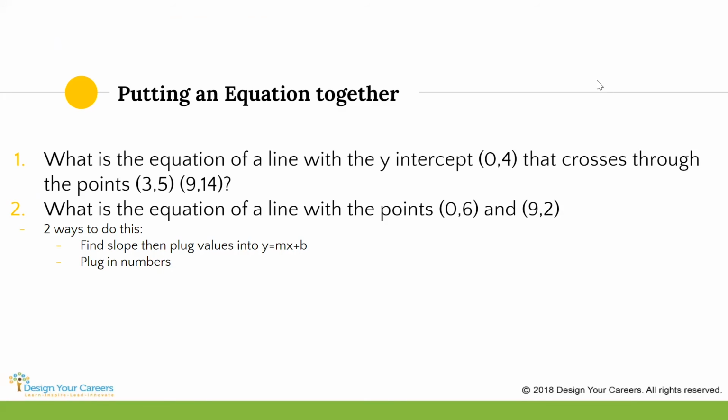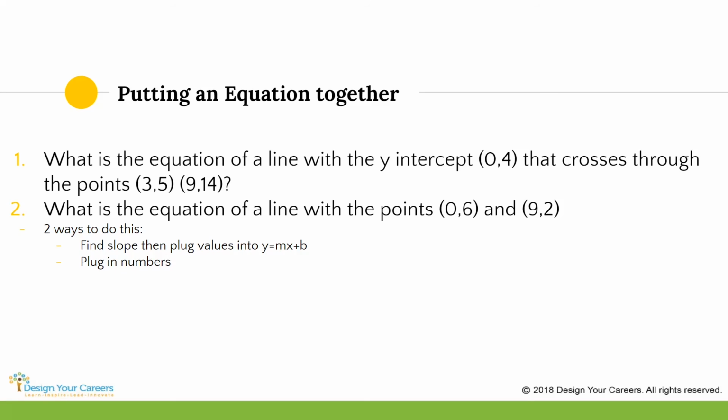So the next thing that we're going to work on is putting an equation together given points. So the first question asks us, what is the equation of a line with the y-intercept 0, 4 that crosses through the points 3, 5 and 9, 14?